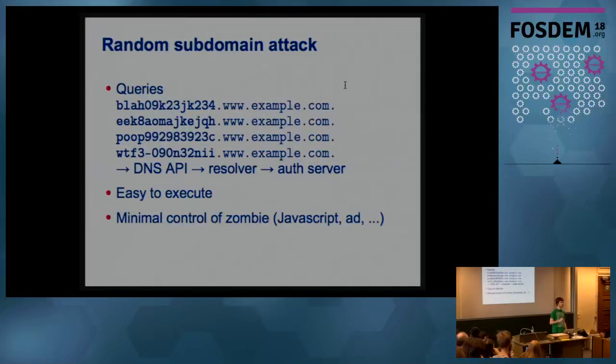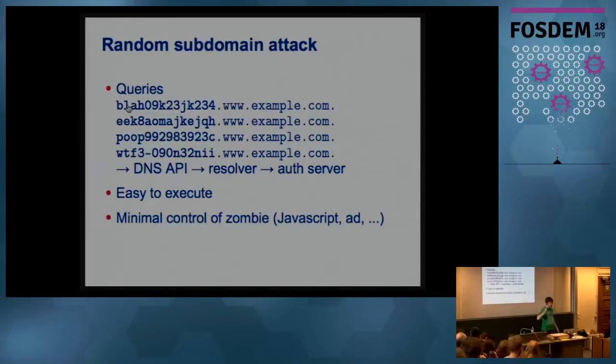And if the attacker gets the JavaScript, for example, into an advertisement platform, it will get distributed to thousands and tens of thousands and potentially millions of computers. The only thing the JavaScript needs to do to run the attack is to load, or attempt to load, a picture or some other web object from a randomly generated name, which is just some garbage, dot, and the domain under attack.